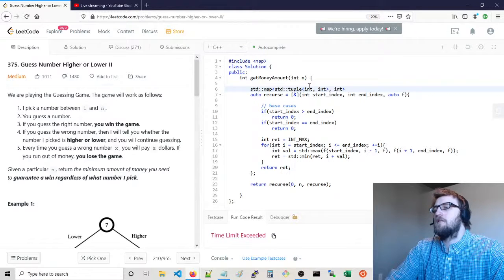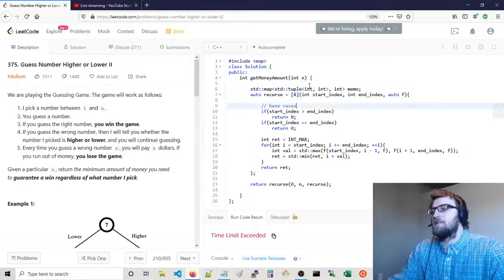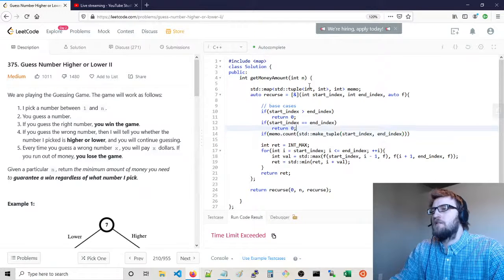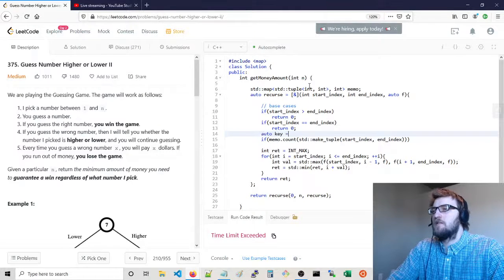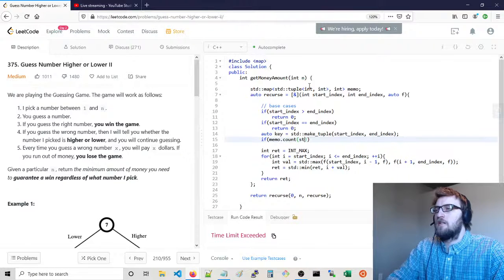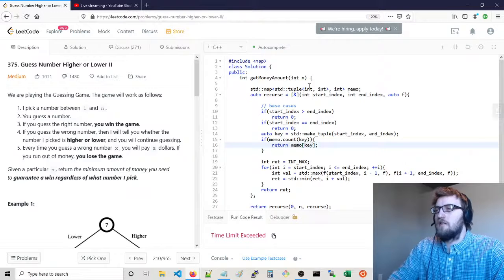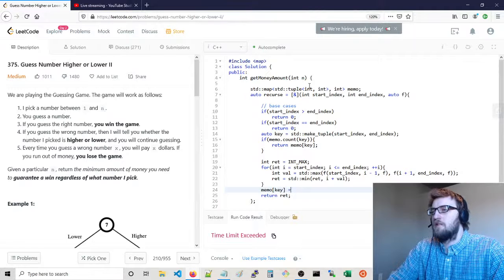It's gonna be memo, and then we're gonna say base cases: if memo dot count of standard make tuple of start index and index, we can do key, and just say memo of key is ret.